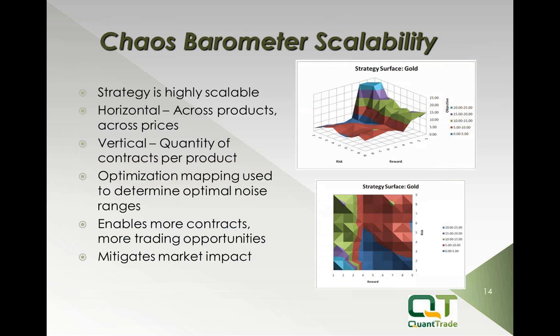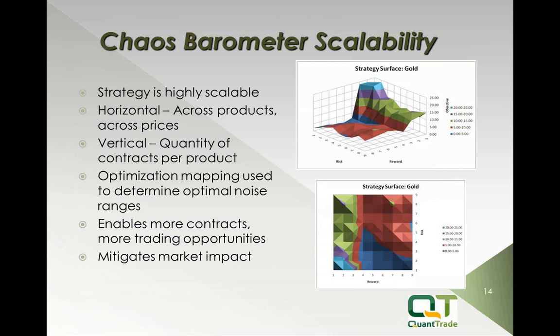It's scalable horizontally across different products, being different markets. It's scalable from a vertical standpoint, which means that you can have a large number of contracts per market, and it's not going to affect it from that standpoint. Let's say you're running it with market orders and you're adding on contracts.